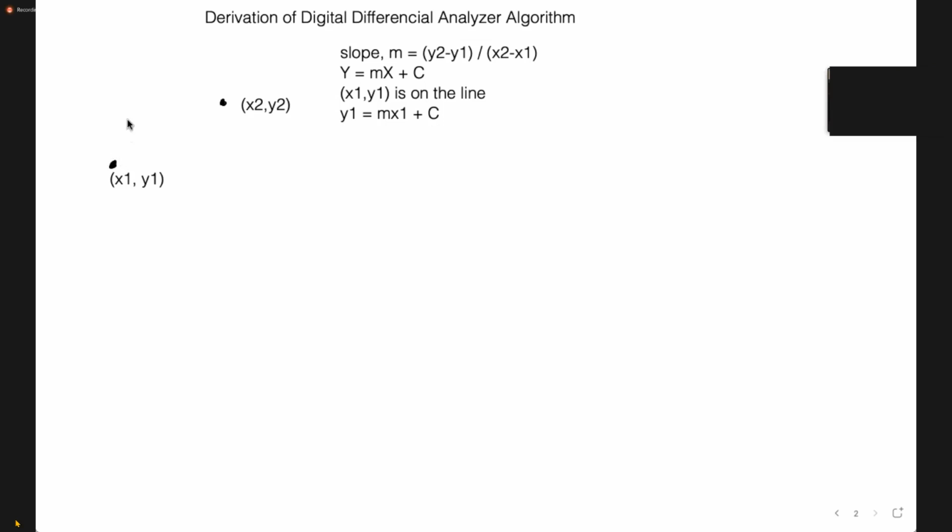For example, here, now I am drawing the mesh, the pixel plane.